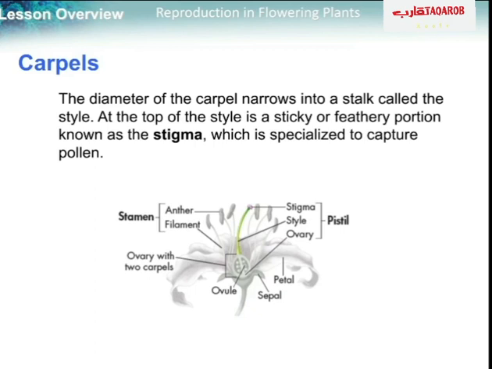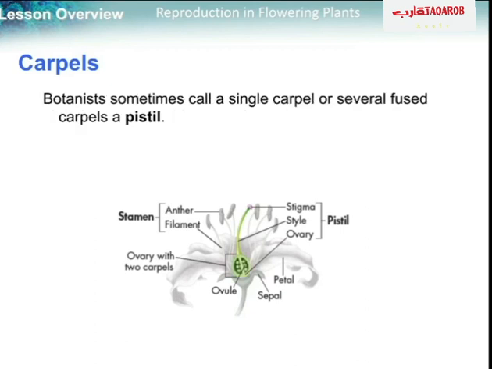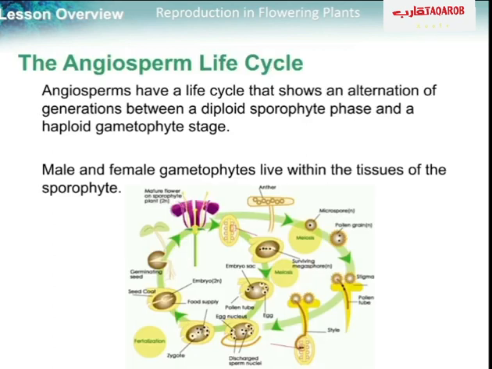The carpel narrows into a stalk called the style, and the top of the style is a sticky or feathery portion known as the stigma, which is specialized to capture pollen, which is the male part. One carpel or several fused carpels are called a pistil.